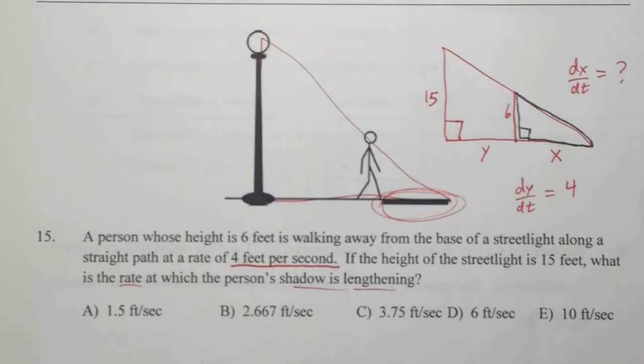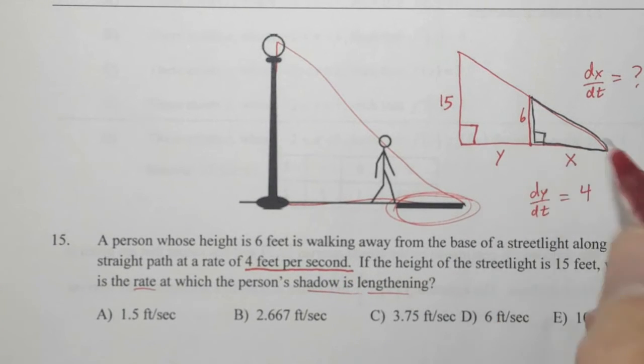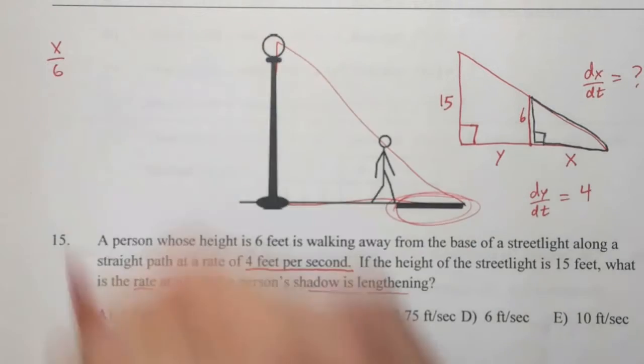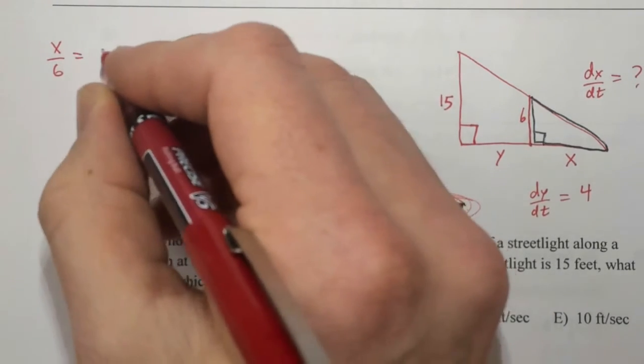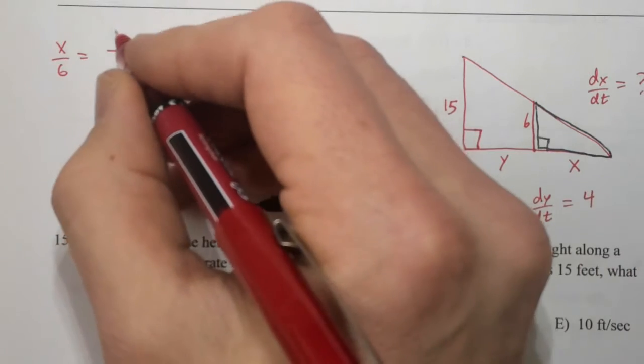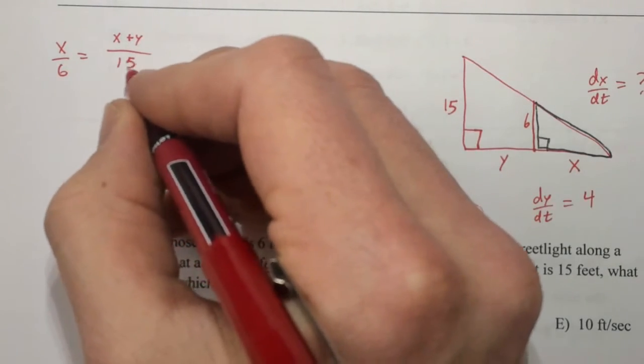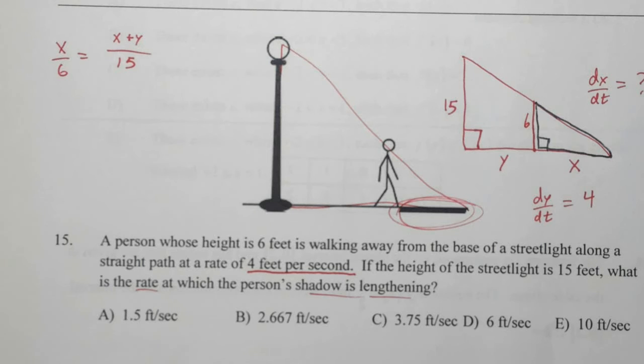What it means is that the bottom to the side, or x over 6, is equal to the bottom of the entire triangle, which is x plus y, to 15. There's our equation. The sides are proportional. You could also do x over x plus y and 6 over 15. There are different ways to put it, but we're going to work this one out.